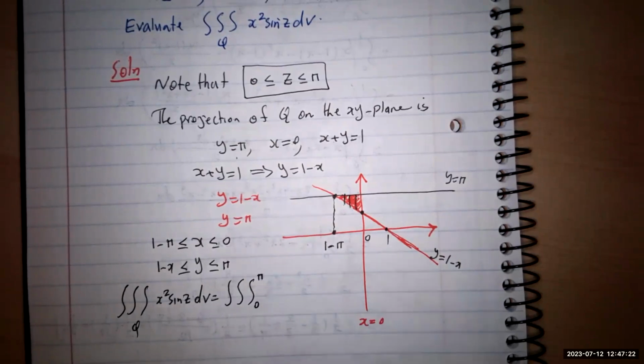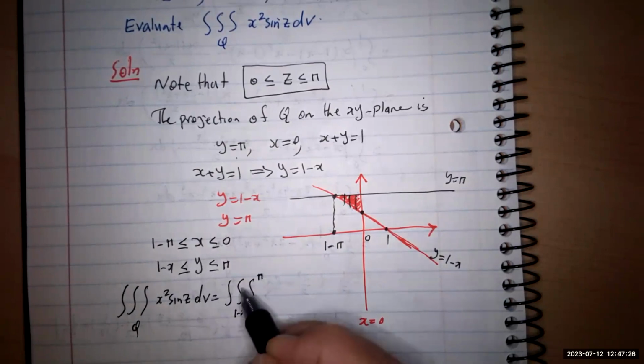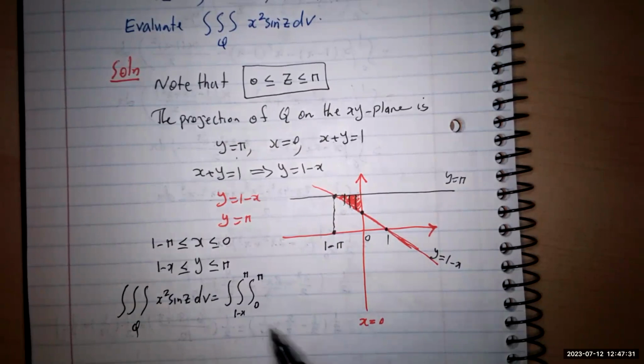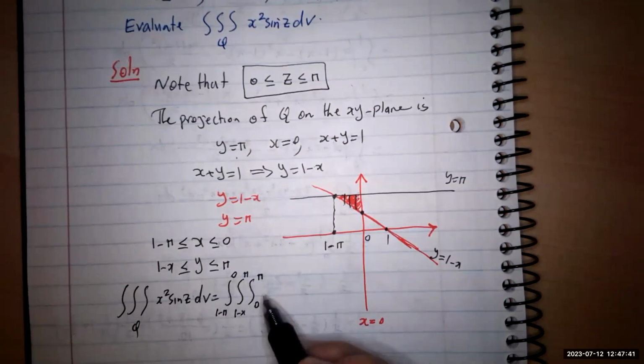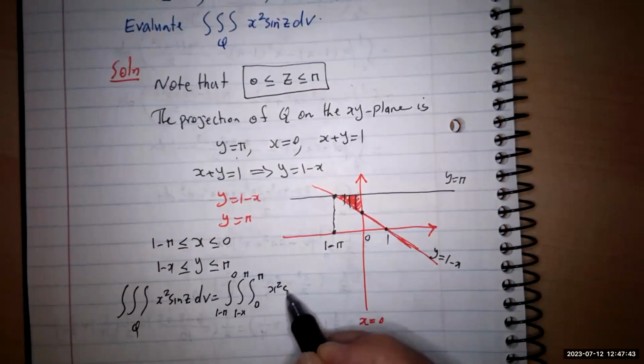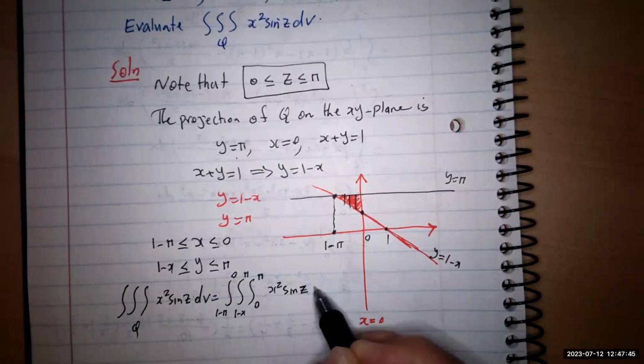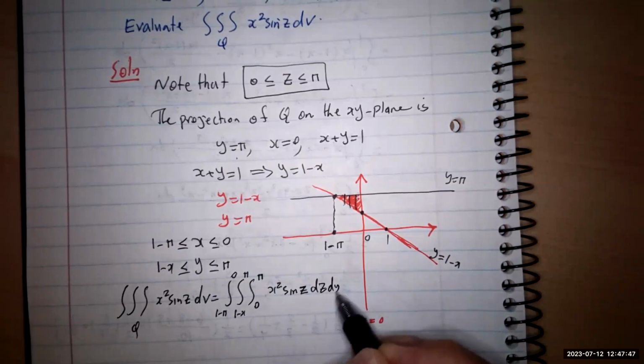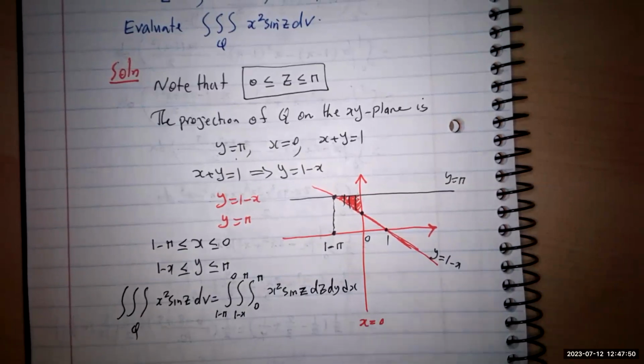In between, you do y, which is going from 1 minus x to pi. And at the end, you do x, which is between 1 minus pi and 0. And the function is x squared sine of z. So this is going to be dz, dy, and dx. That is how we're going to arrange this integral.